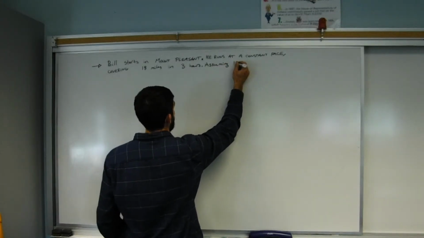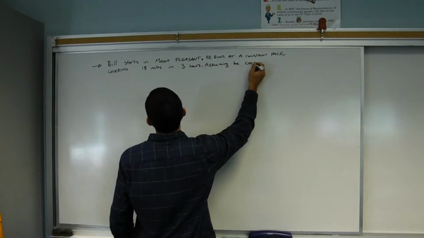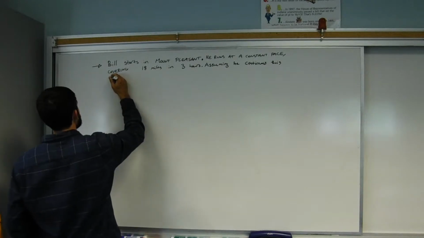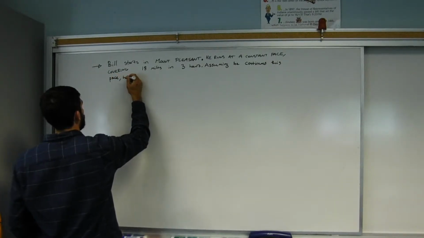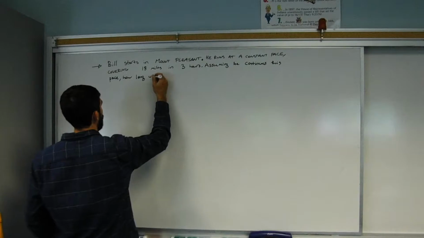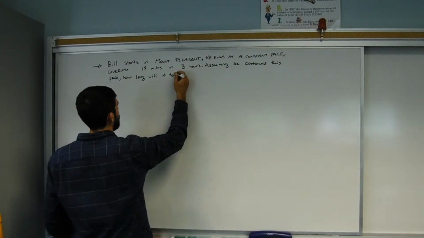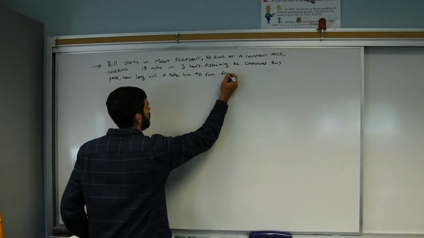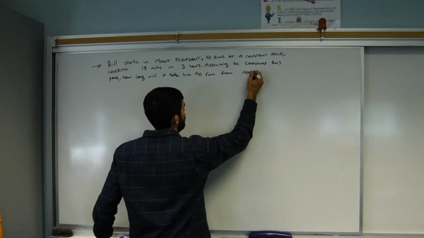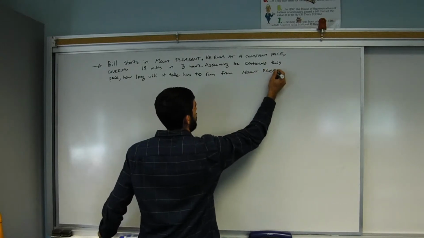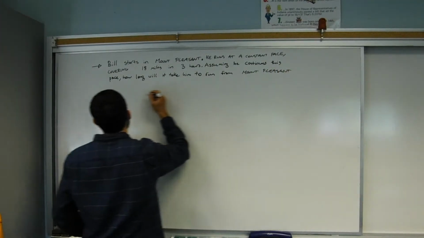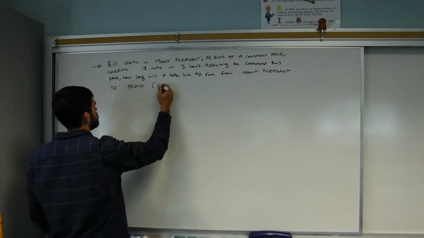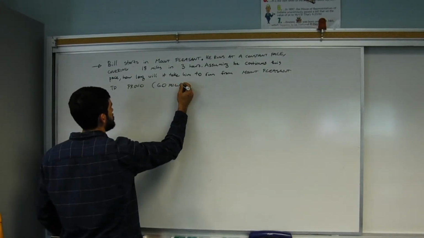Assuming he continues this pace, how long will it take him to run from Mount Pleasant to Provo, which is about 60 miles?